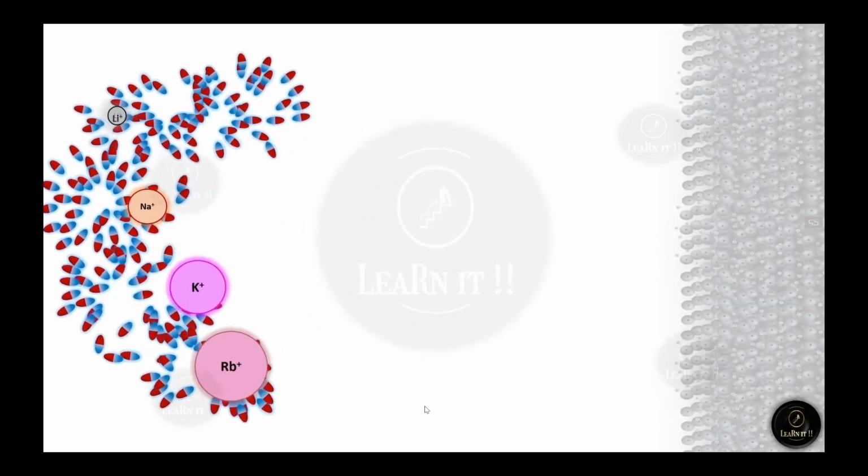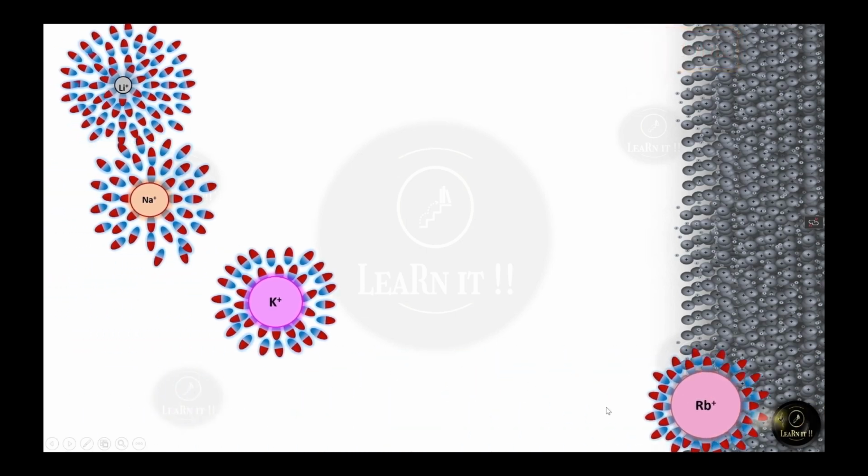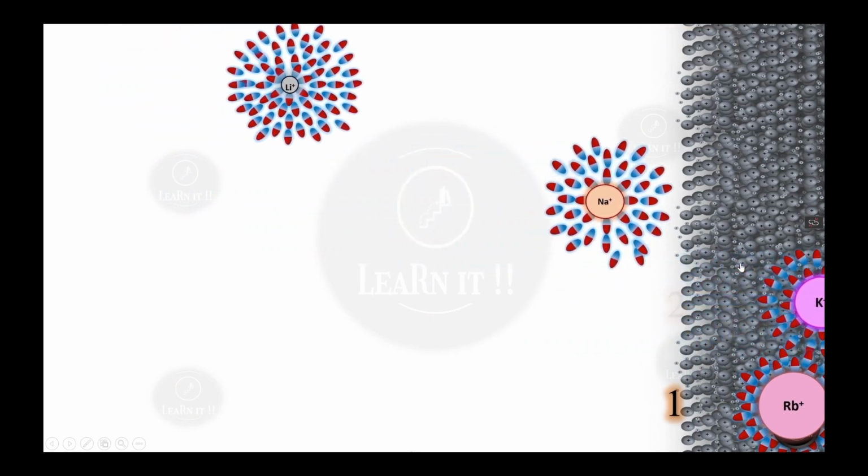When we put these hydrated ions in the electrolytic cell, as they are cations, they move towards the cathode. Because of the difference in the hydrated size of the ions, the rubidium reaches the cathode faster than potassium, than sodium, than lithium.